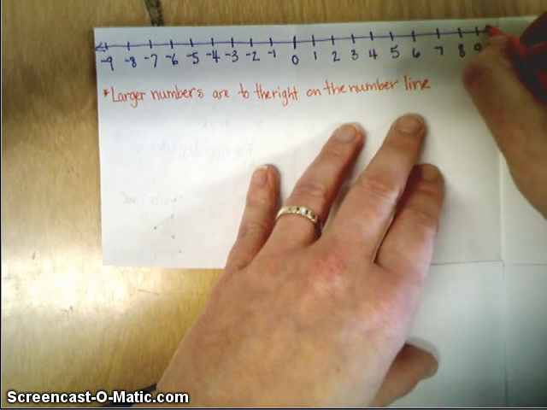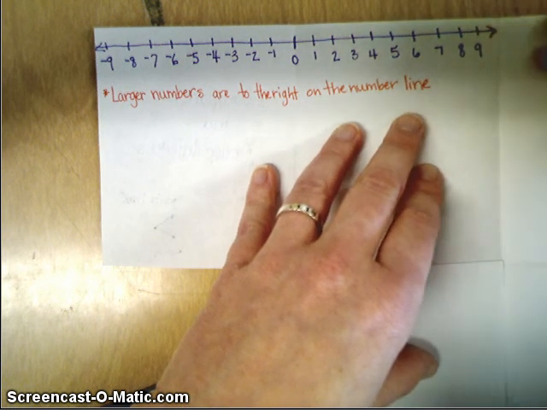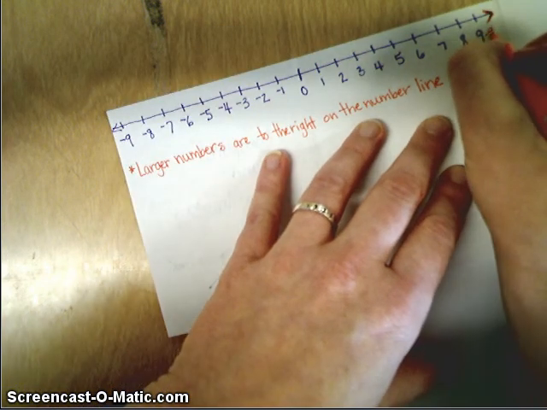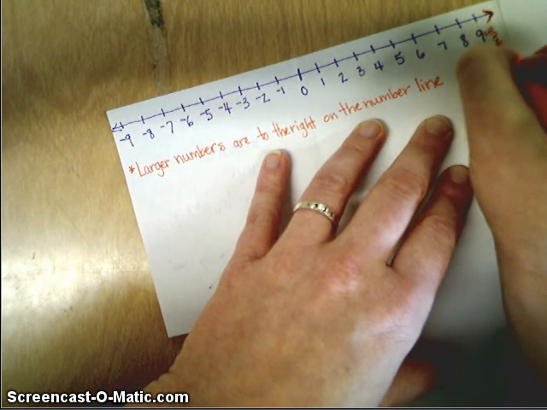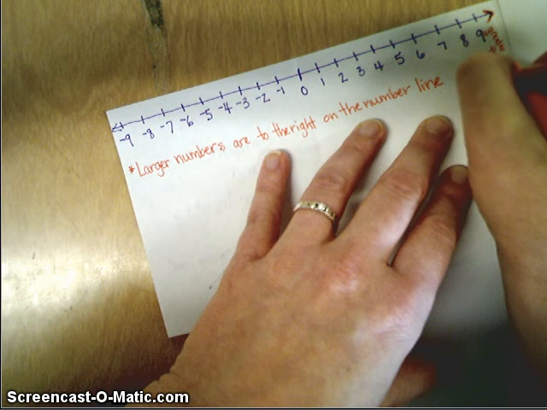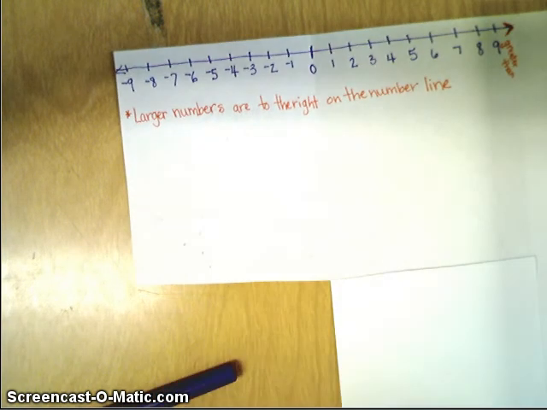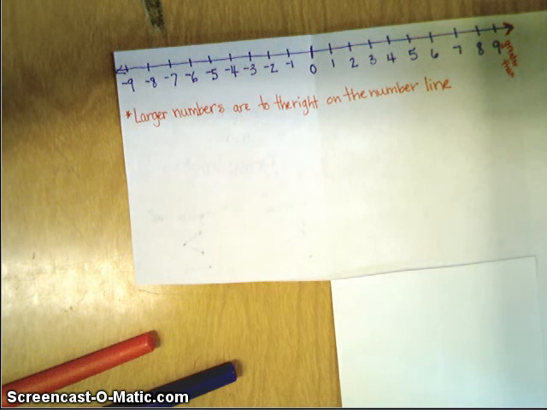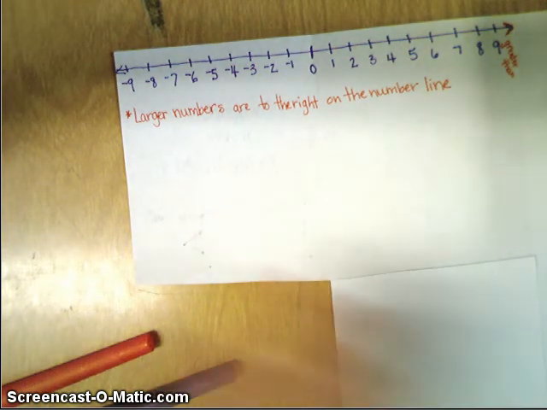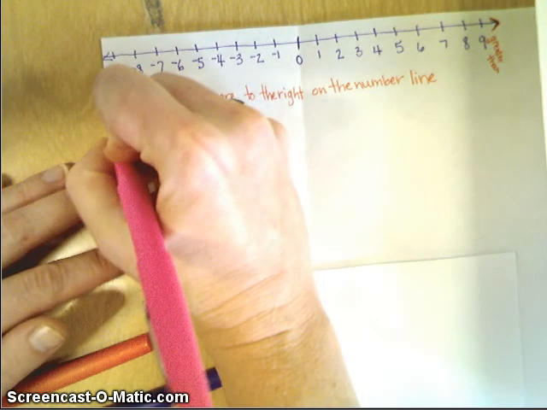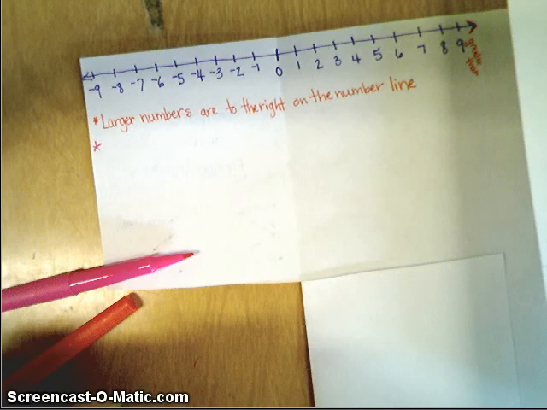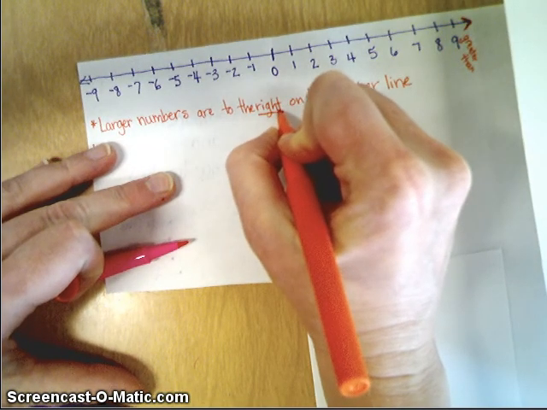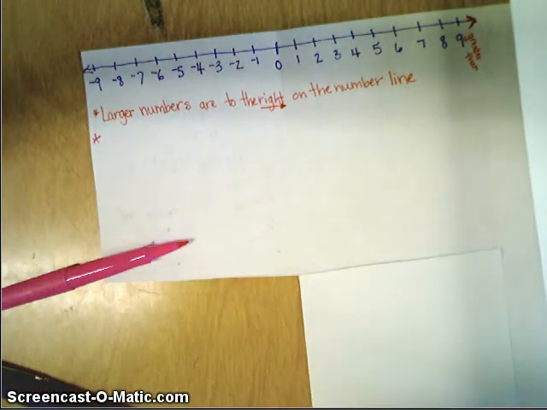And if you look there, you can see that that looks like the greater than symbol. And I'll put an arrow right here in case you don't know. The right is that way.